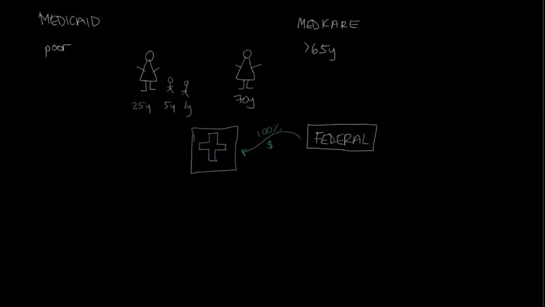That's very different than how things go when you're on Medicaid. In Medicaid, it's really a partnership between the federal government, as I said, the part in Washington, D.C. that has all those federal agencies, as well as the state government where this family may live, meaning suppose they live in Arizona or Oregon or North Carolina.